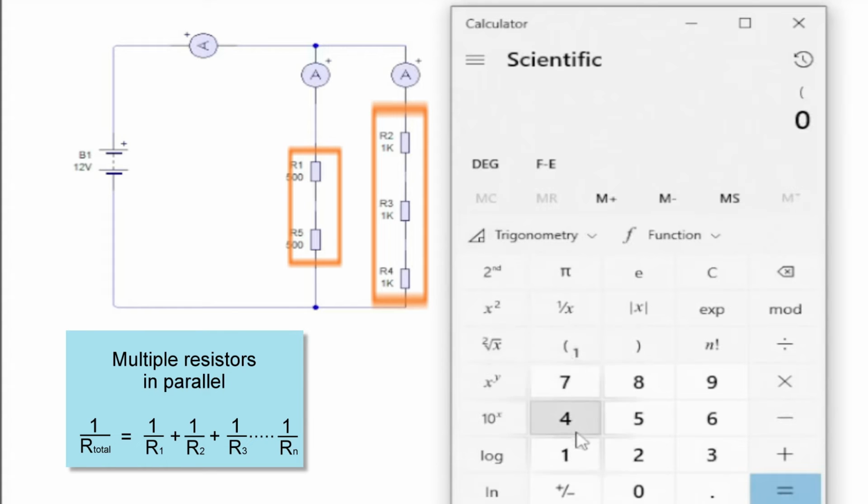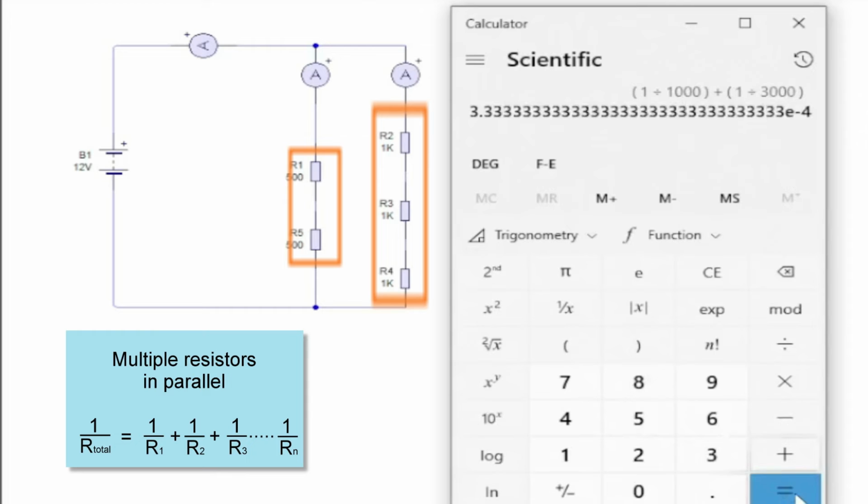So bracket 1 divided by 1000, that's R1, plus bracket again 1 divided by 3000, equals 0.0013333. As you can imagine, we're going to be rounding this, alright?